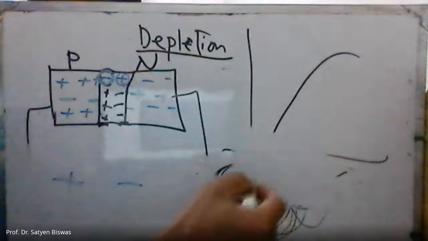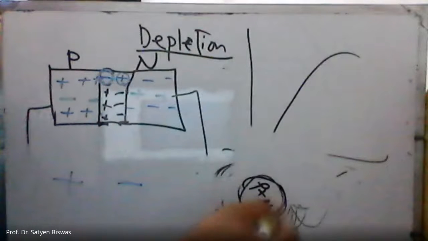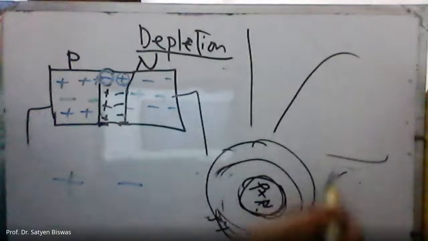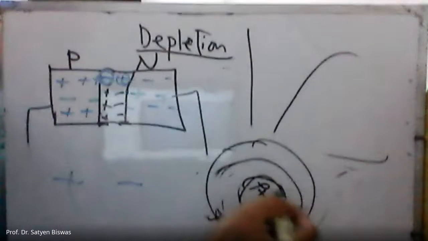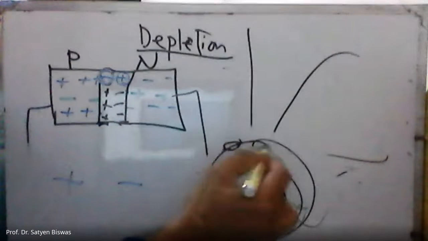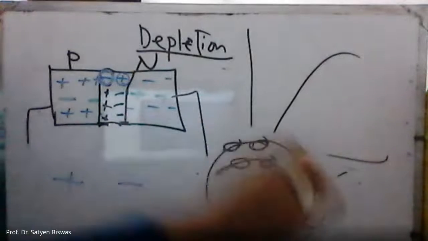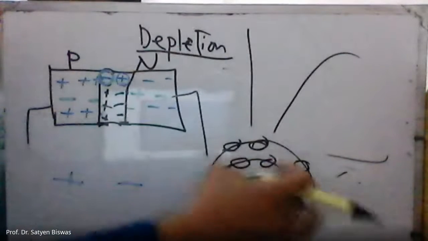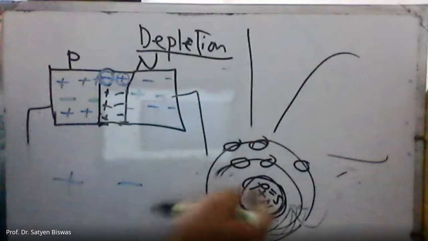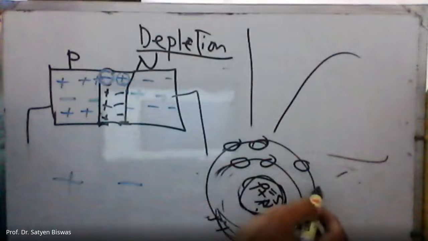The protons and neutrons are in the center, and outside, let's consider there are 5 protons and 5 electrons, just for example. When it's 5 and 5, this is neutral. But let's say we add one more extra electron on this side.